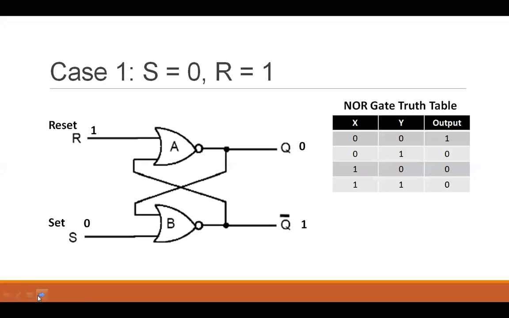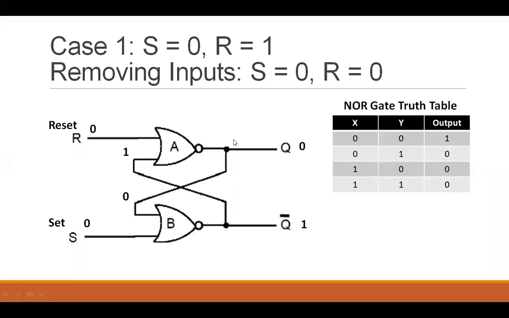If I'm removing my inputs, S 0 and R 0, the 1 of Q complement is being fed into A and the 0 of Q is being fed into B. And 0, 1 or 1, 0, they both are 0 according to the truth table.